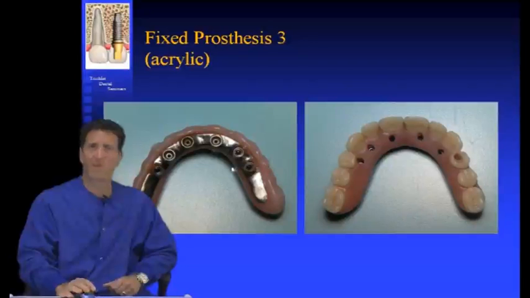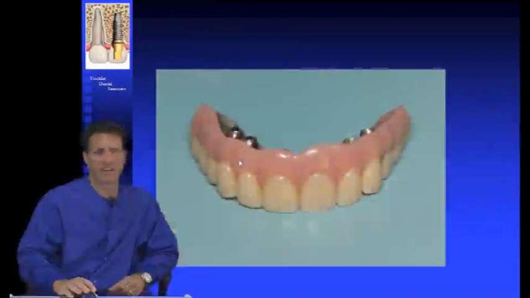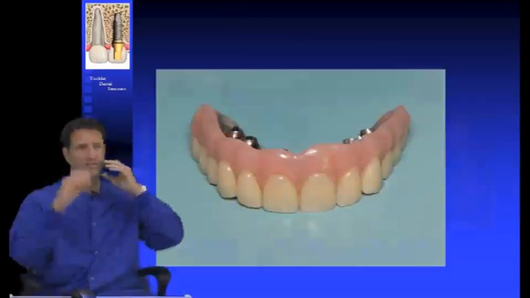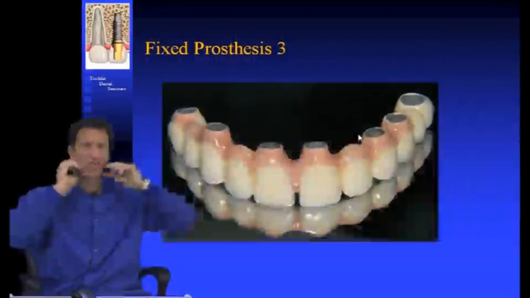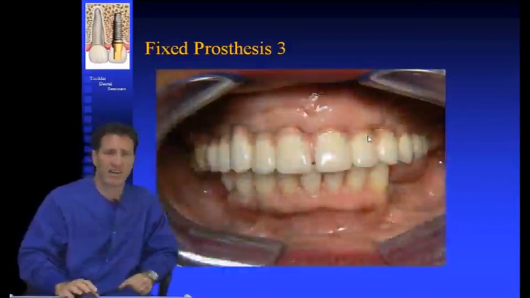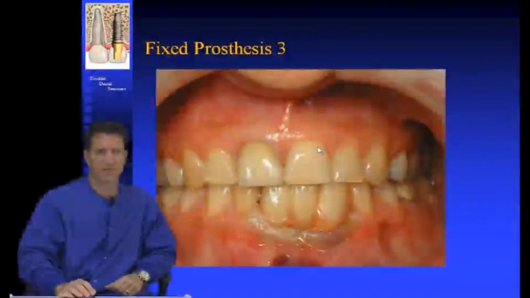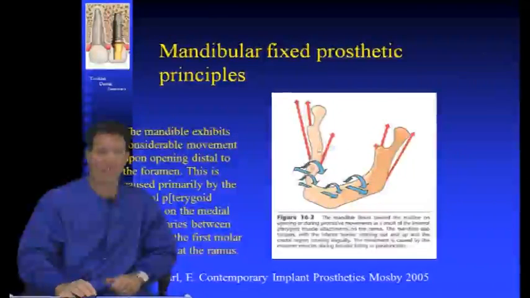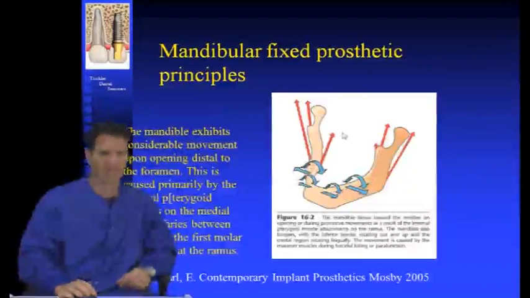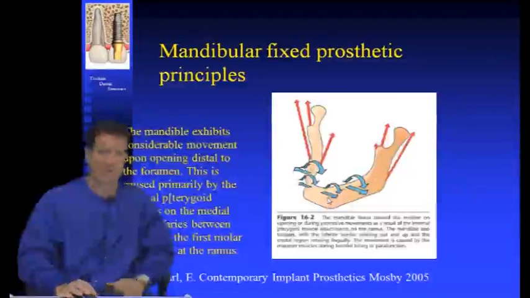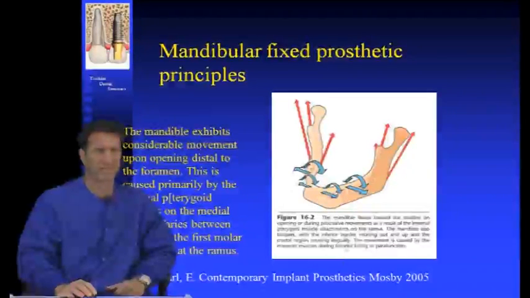Now, one thing you may want to think about when you're treatment planning for implants in the mandible is that as the jaw opens, there's torque and torsion on the jaw. So that's why you'll never see me connect implants distal to the foramen bilaterally, because I want to allow for that torque. But if I can break it up anterior to the foramen, you will reduce the likelihood of that happening.